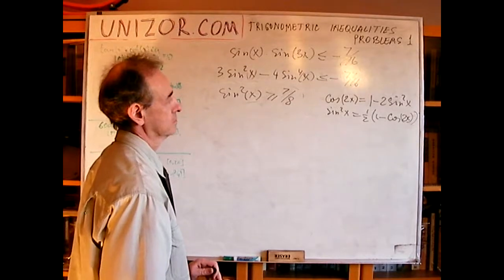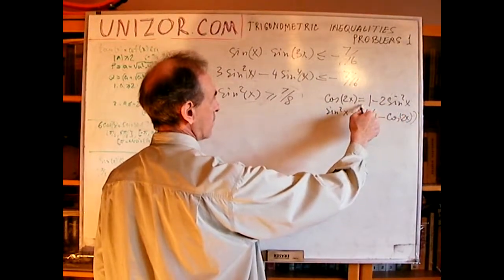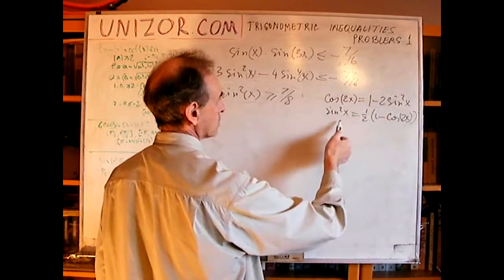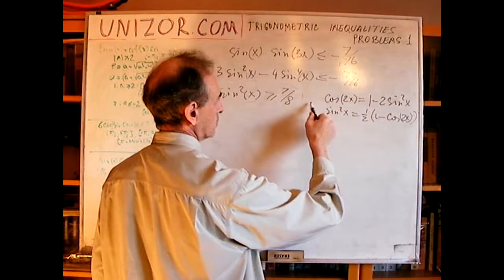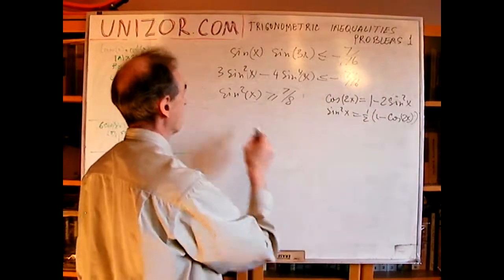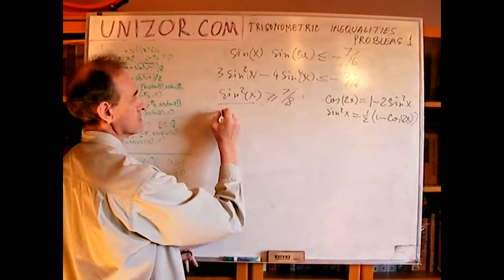Correct? Cosine square minus sine square, cosine square is 1 minus sine square, so it's 1 minus 2 sine squares. And if I resolve it for sine square, it will be this. And that's an invariant transformation. So I will do this.